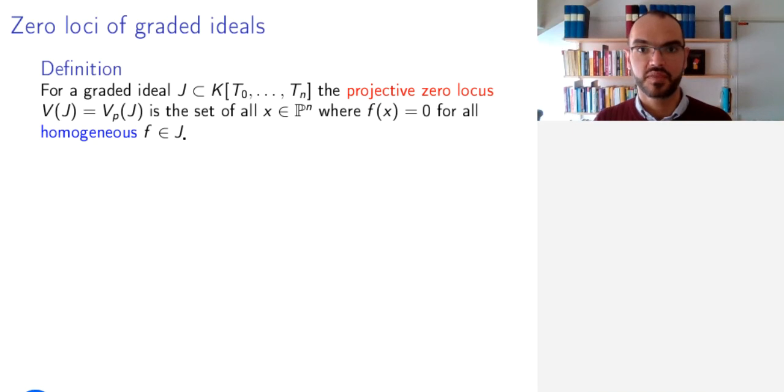So this is important because in general we cannot require any arbitrary element in J that is not homogeneous to vanish, that is not well defined.